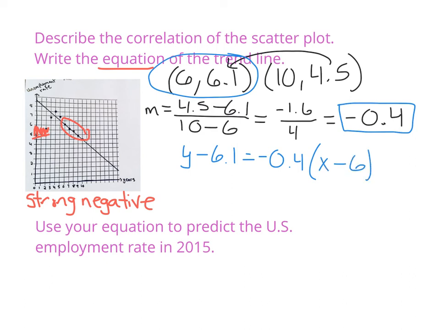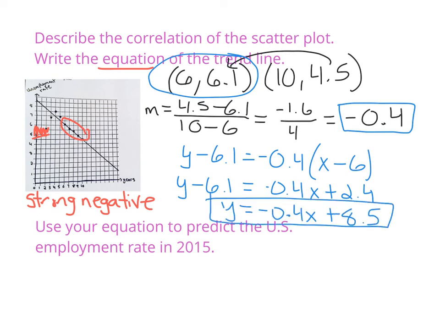And then let's convert it over to slope-intercept. So here's what I get after I distribute. And now I have to add 6.1 to the other side. Alright, so the equation of my line is y equals negative 0.4x plus 8.5.